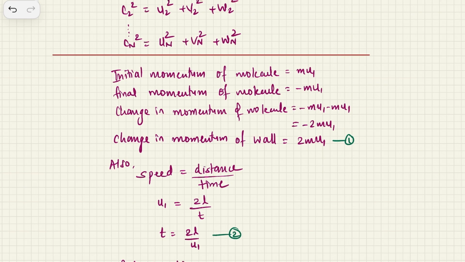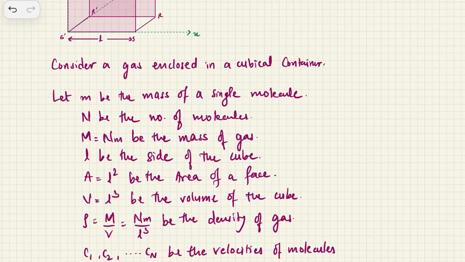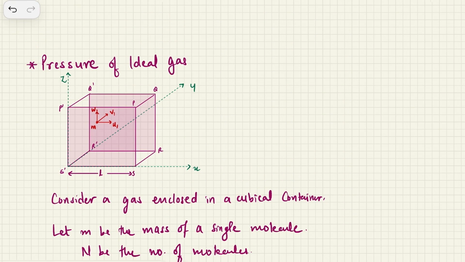Okay. Then comes speed is equal to distance upon time. So speed is u1, now time is t, and distance. Now how come we found out the distance? Now a molecule, when it collides to this wall, let's say it collides PQRS, and then it again collides this wall PQRS after it has traveled on the other side and it has changed direction and come back again.